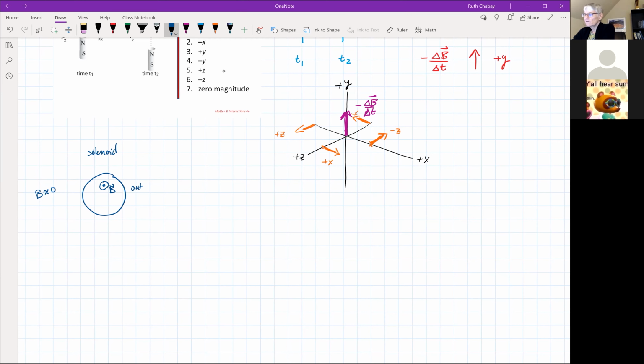So if the magnetic field inside the solenoid is out of the page and it's increasing, then let's think. At time T1, the magnetic field is out of the page toward us. At time T2, it's out of the page toward us, but larger.